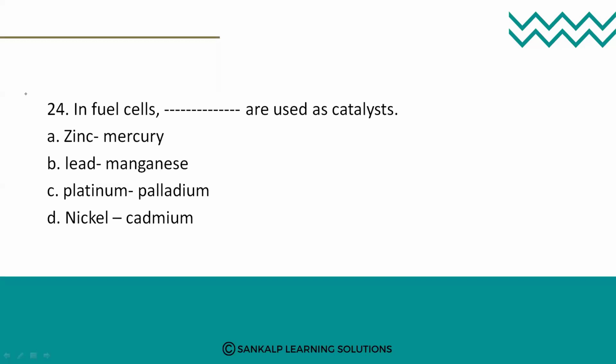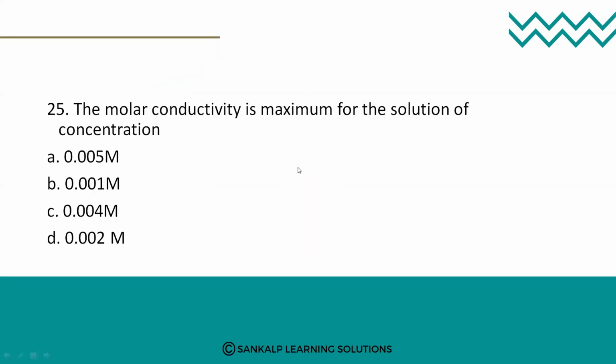Platinum and palladium are used as catalysts. The role of the catalyst is to increase the rate of the reaction. So when we use platinum and palladium in our hydrogen oxygen fuel cell, they will facilitate the reaction and increase the rate of the reaction at these electrodes. So it is option number C, platinum and palladium.